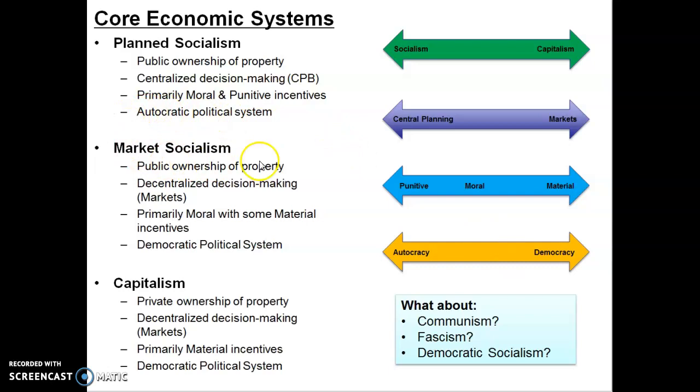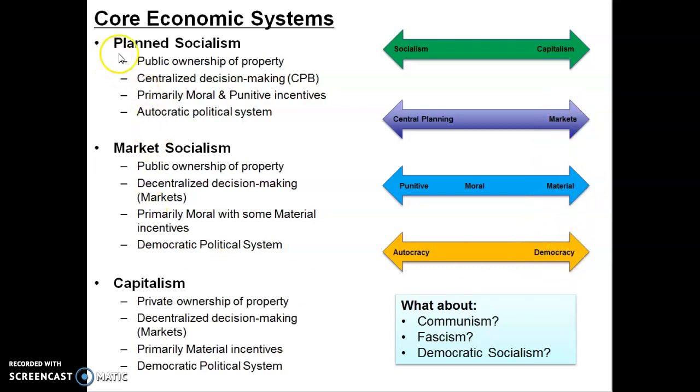Some people see market socialism as trying to have the best of both worlds, trying to have collective ownership of everything, but still get the economic growth and prosperity that comes from markets as decision-making, moral and material incentives, and democracy. Then we have capitalism, and capitalism is generally private ownership of property, decentralized decision-making, markets, moral and material incentives, but primarily material, and democratic political systems.